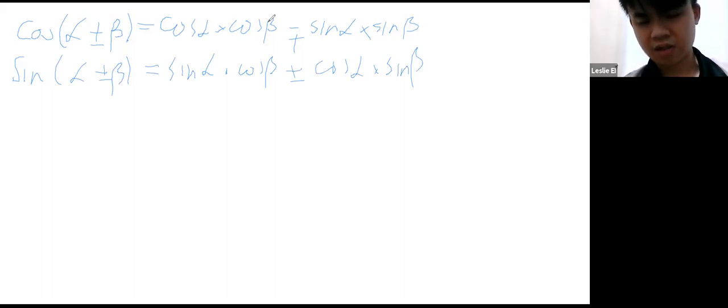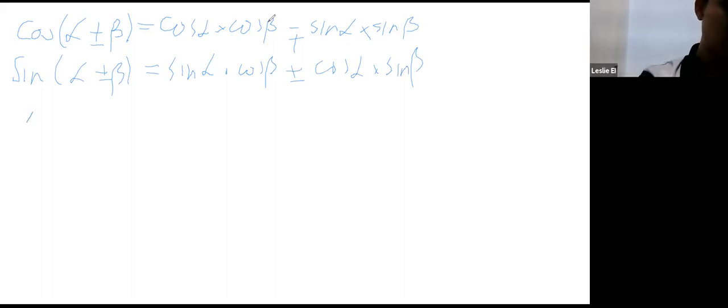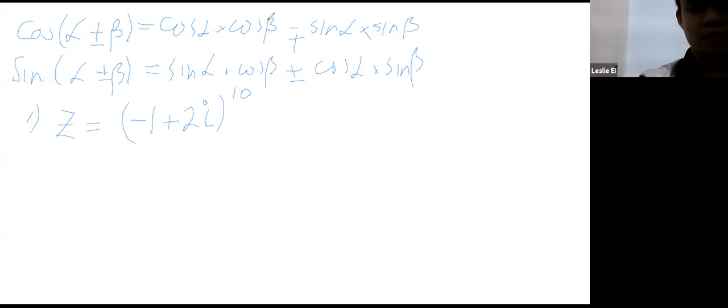Now, what is the point of changing the complex number to polar form? The exercise that you have done before is very easy. It's just like -1 plus 2i to the power of 2. So if I make it to the power of 10, let's say still using the same equation, let's say I make it 2 plus i to the power of 10.